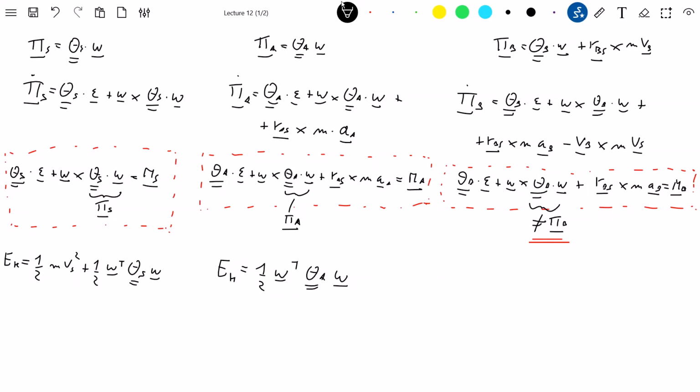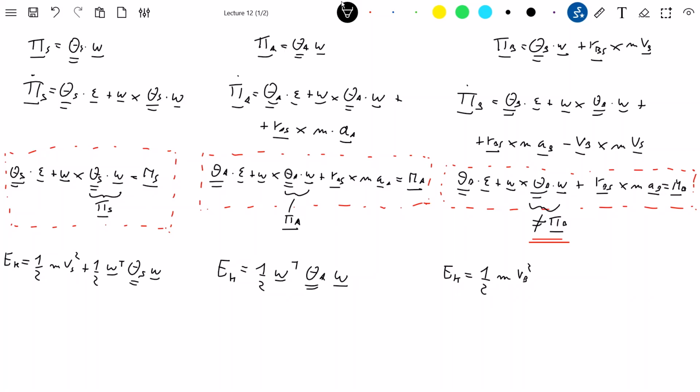And finally, in the case of a generic point, which I personally never used in my life because it's really not a smart choice. I never encountered a case where it was convenient to use a generic point.